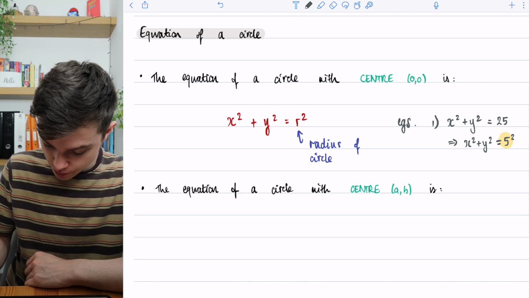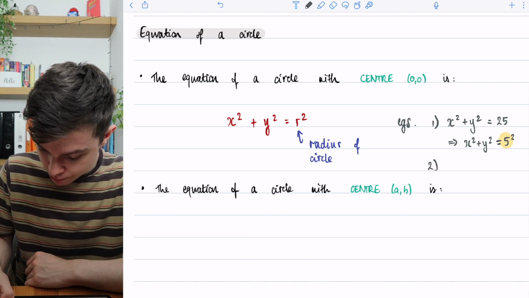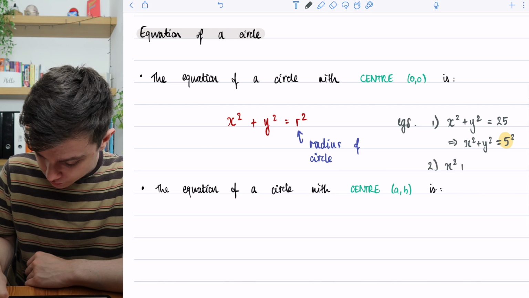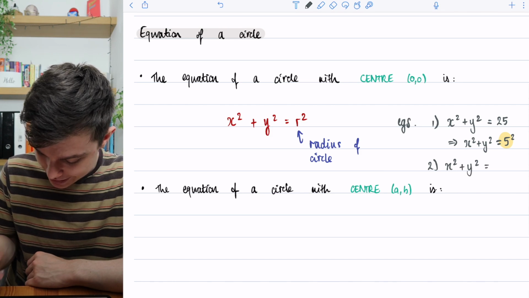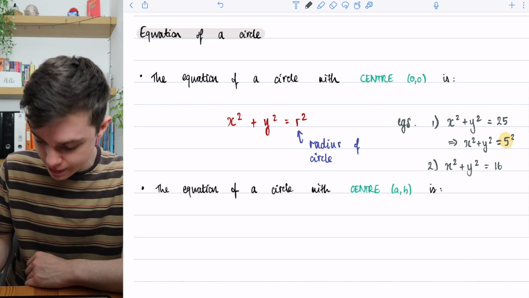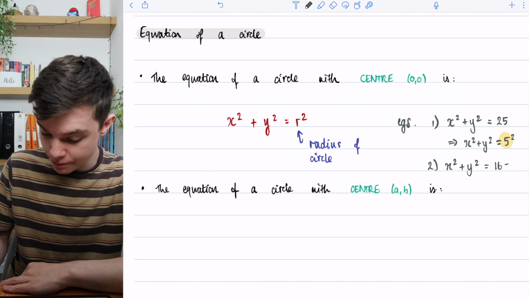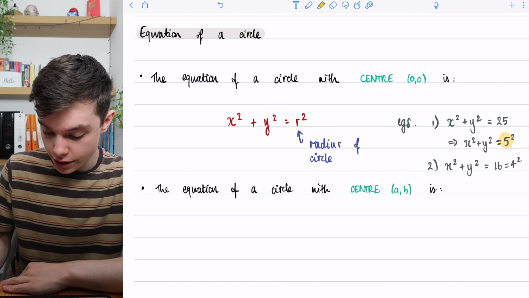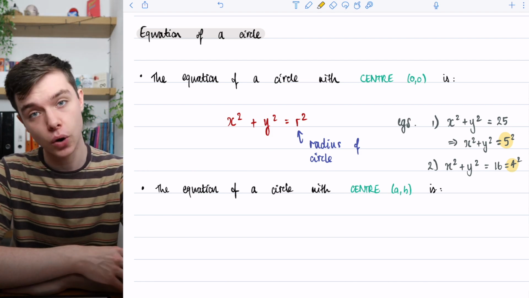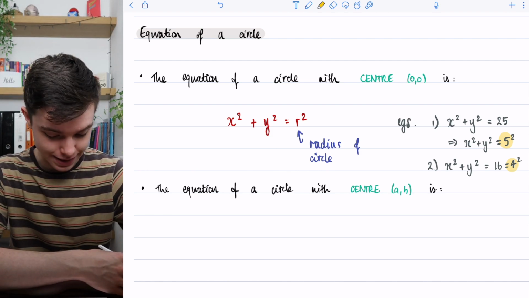Another example: x squared plus y squared is equal to, maybe, 16. That's 4 squared, and so the radius of that circle is 4. So there are some easy examples.